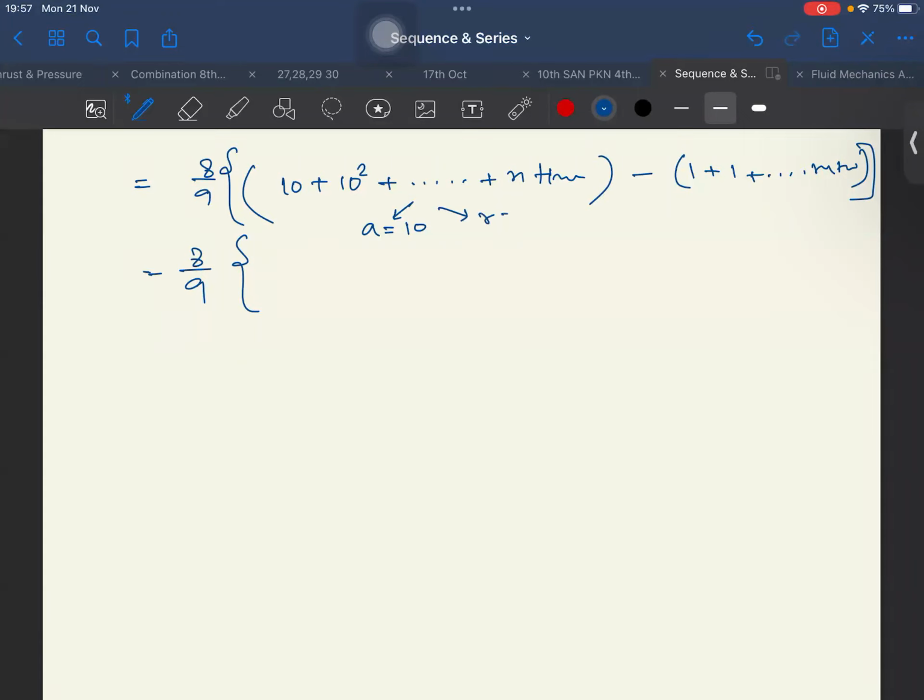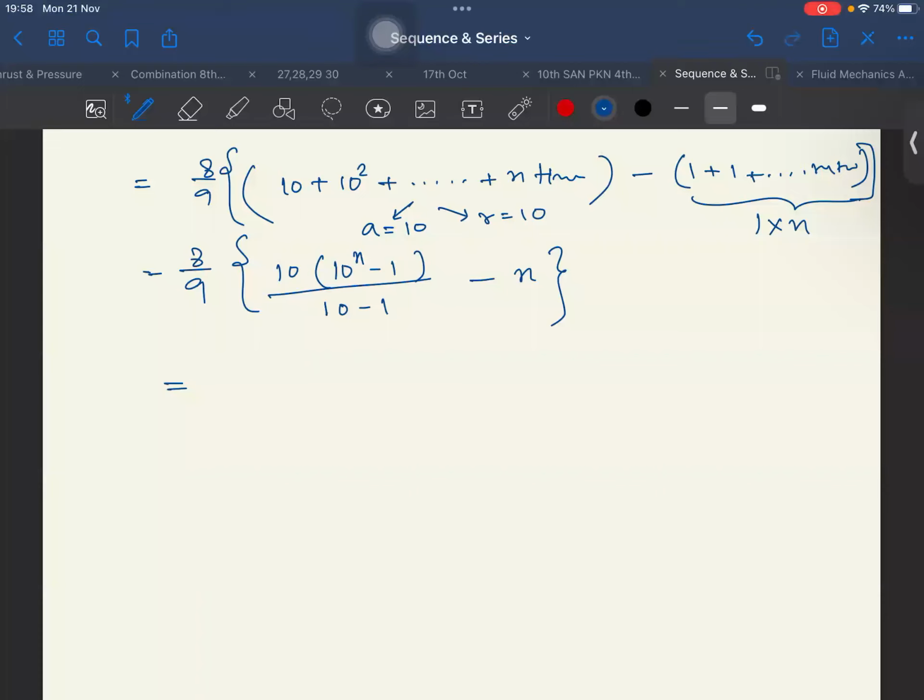Common ratio R is also 10. So what we can write, 10 to the power of n minus 1 whole divided by 10 minus 1, right? And this n times, so it will be n, because if you add 1 plus 1 plus 1 plus 1 n number of times, you just multiply 1 into n, right? So n, that's how we get it.